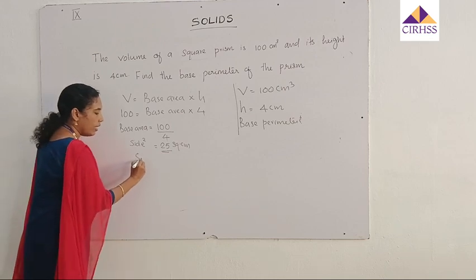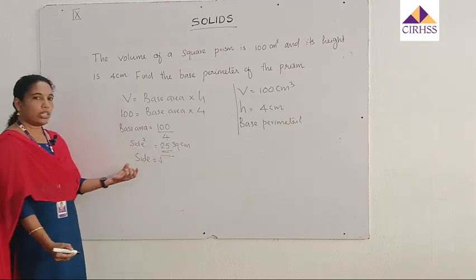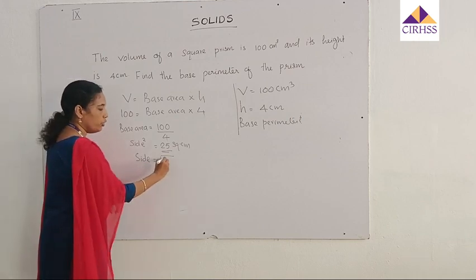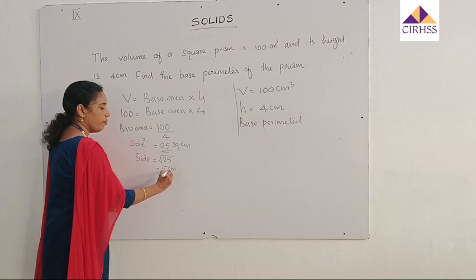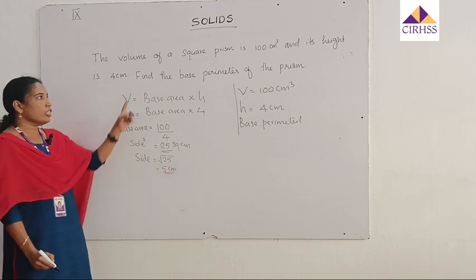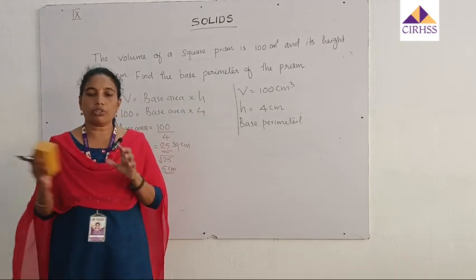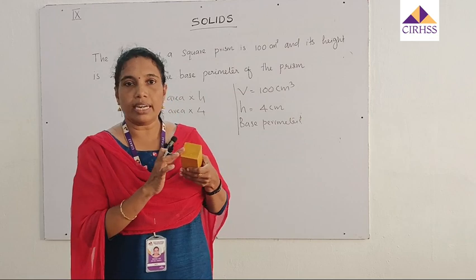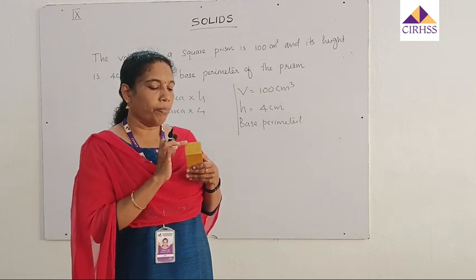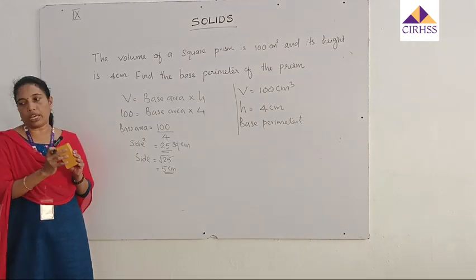Then what is side? How to calculate side? From this taking square root. So side equal to square root of 25, that is 5 centimeter. Our question is find the base perimeter. So perimeter of square is sum of all sides, and all sides are equal. So perimeter of square is equal to 4 into side.